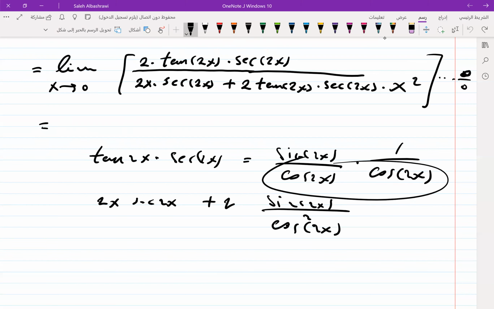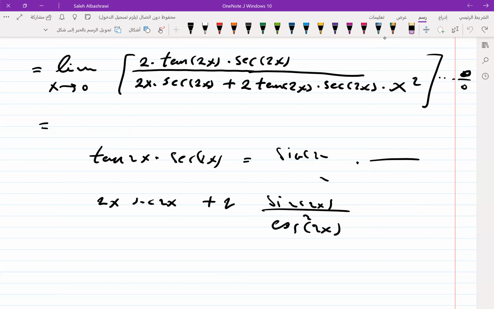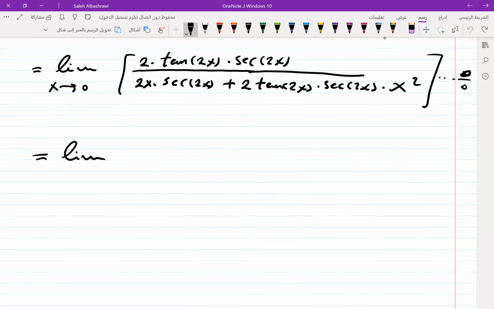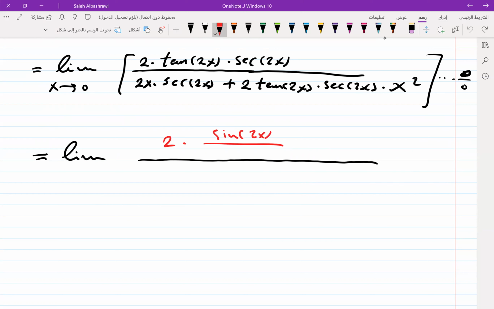Let's try. For the numerator, I'm going to write it as sine over cosine squared. I can differentiate by applying the product rule, but this will be complicated a little bit. So this is equal to the limit of: the numerator is 2 multiplied by sine 2x divided by cosine squared 2x.